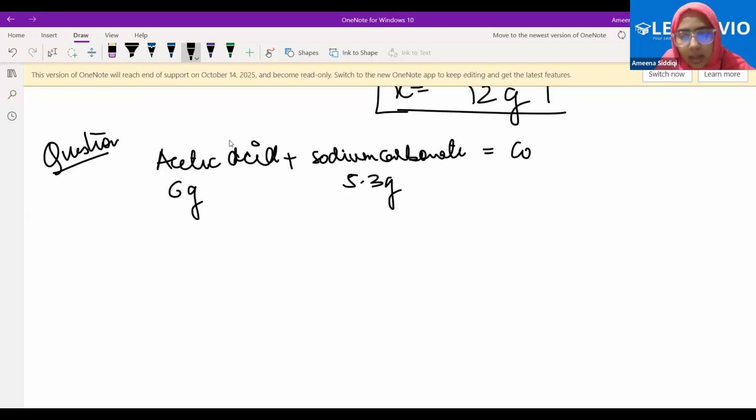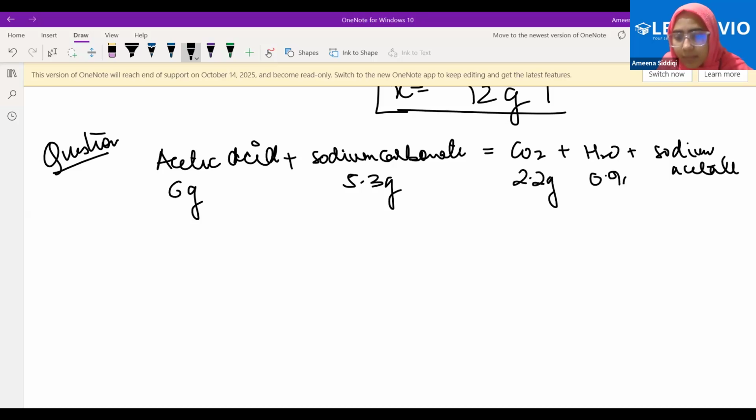Okay, carbon dioxide, water plus sodium acetate. And what is the amount here? Please pay attention. Yes, 2.2 grams of carbon dioxide, 0.9, 8.2 grams. See, this is what the question is saying, okay?